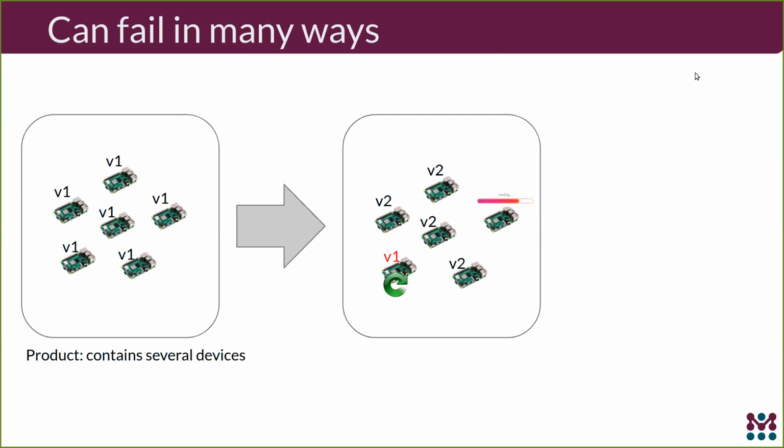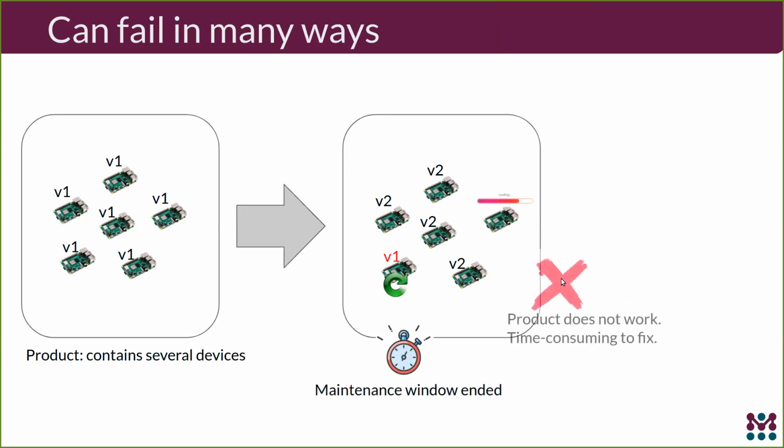So what can go wrong here if you have these constraints is that you could have one device rolling back to version 1 and one is installing, and then your maintenance window ends, and now this is an inconsistent environment. It's a mix of version 1 and not done and version 2 devices, so it will not work well together.